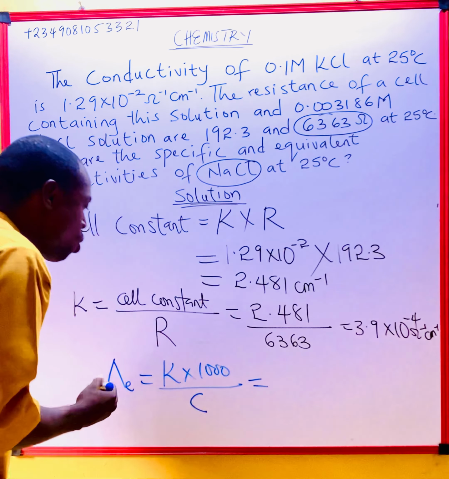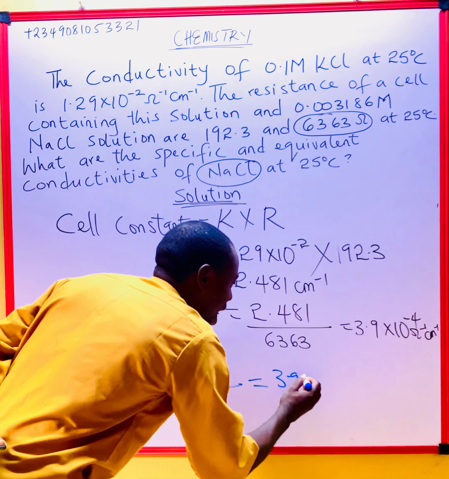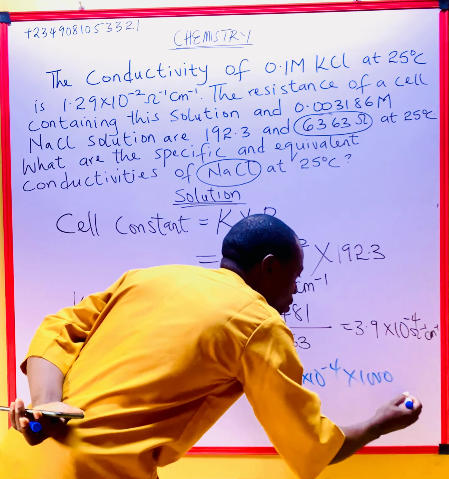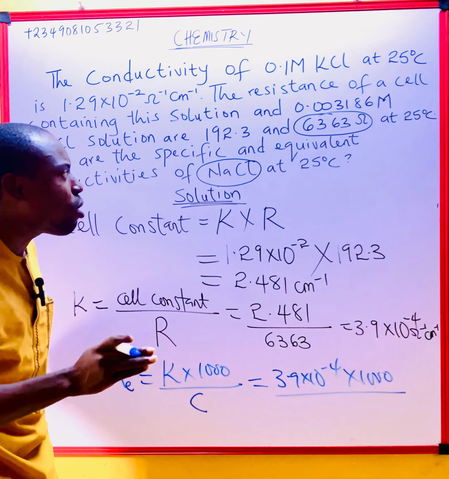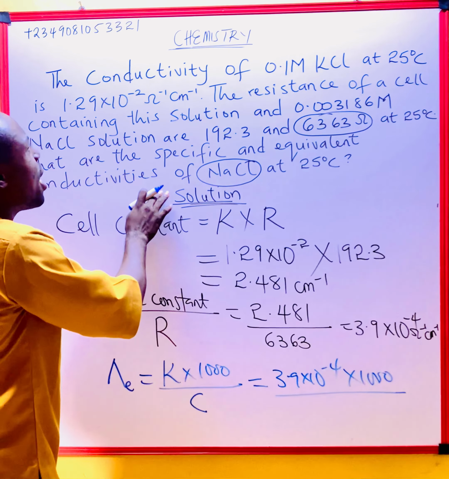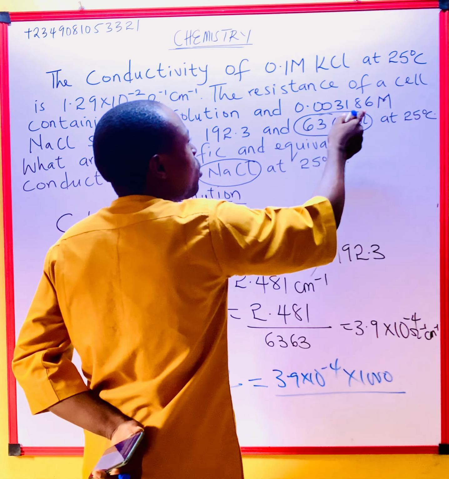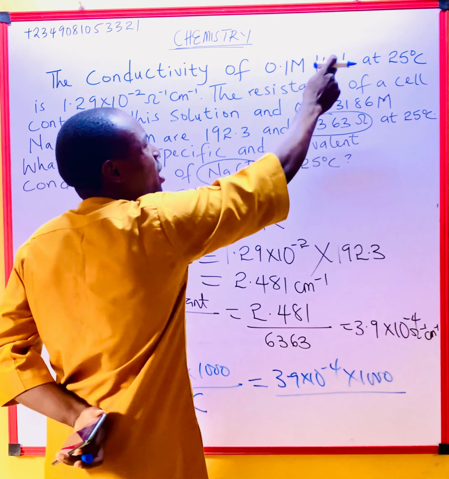We already have our conductivity to be 3.9 times 10 to the minus 4, multiplied by 1000, over the concentration of sodium chloride given to us here. Take note, this 0.1 is for KCl.